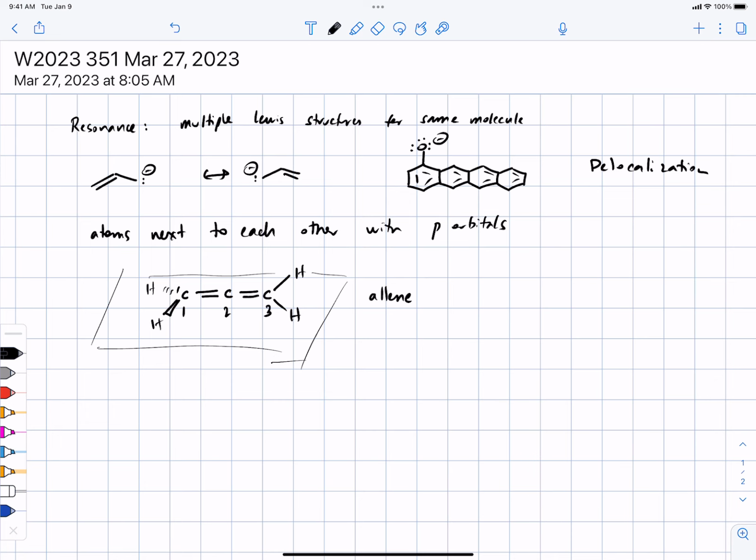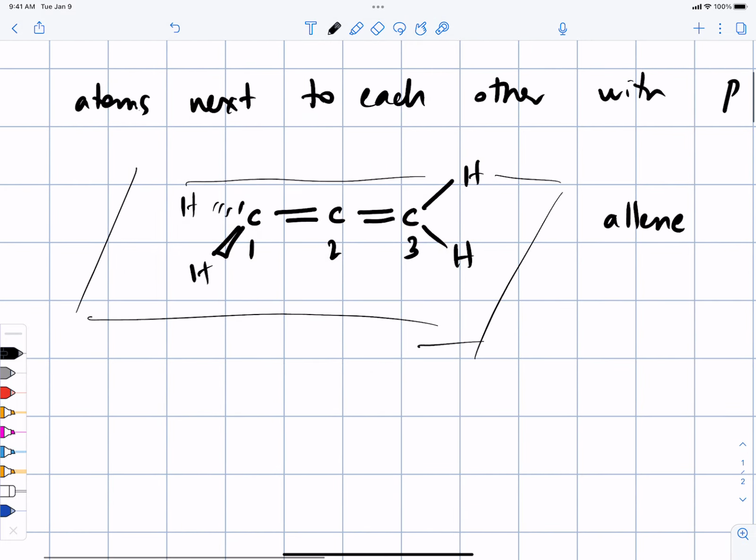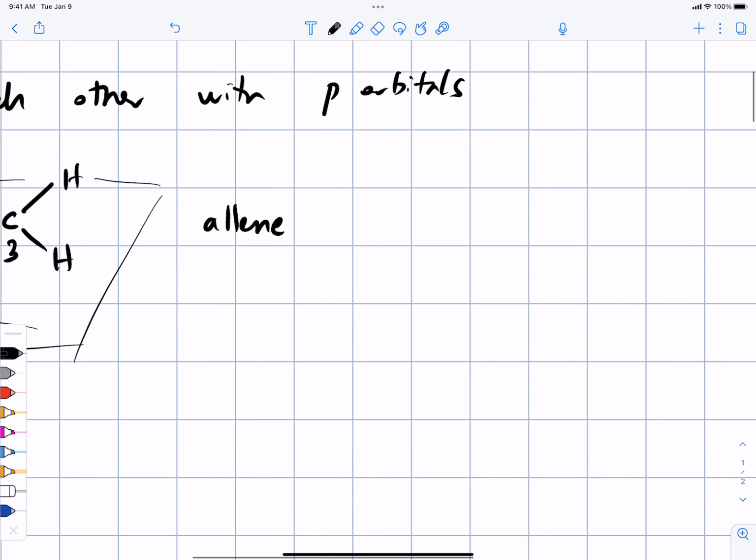Go ahead. Because the bonds are staying where they're at, the electrons don't have to move over. Okay, the bonds are staying where they're at. You don't have a charge that indicates it, right. I suppose one could argue, and it's a decent argument, that you can draw a resonance structure for a simple alkene.